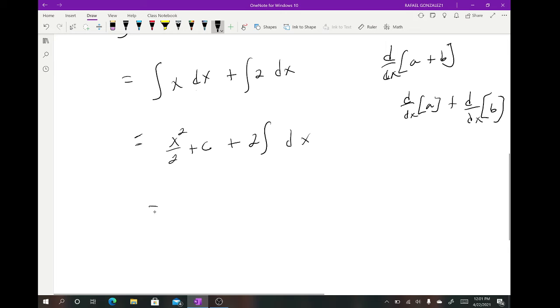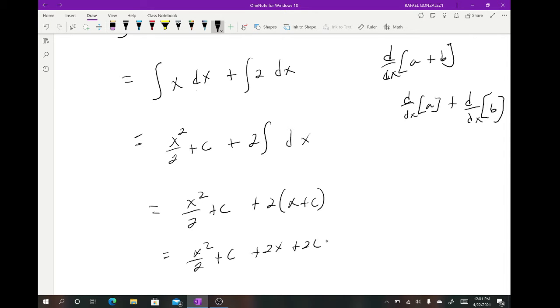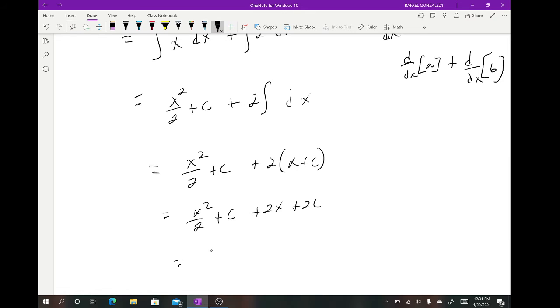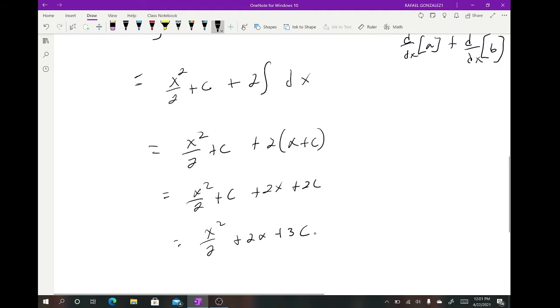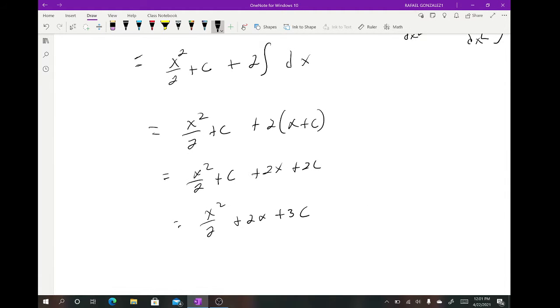So we have that this whole thing is equal to x squared over 2 plus c plus 2 times x plus c from before. So it's equal to x squared over 2 plus c plus 2x plus 2c. So we have x squared over 2 plus 2x plus 3c. But remember that because c is any number, it is cumbersome to actually write 3c, so we just write it as 1c.